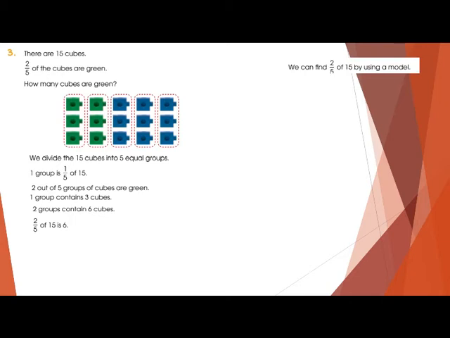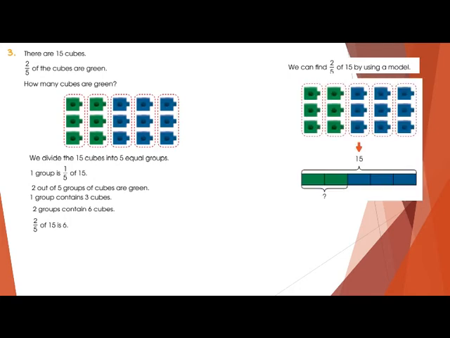Similarly, we can find 2 upon 5 of 15 by using a model like this. You can write 2 groups, and 3 in each. So in short, you will write that 1 unit stands for 3 cubes.